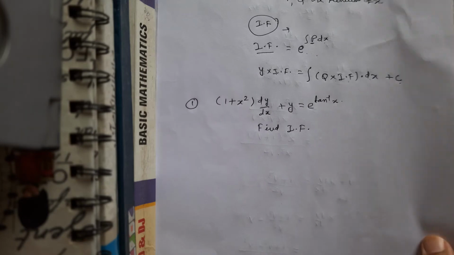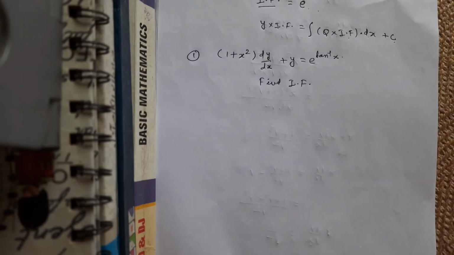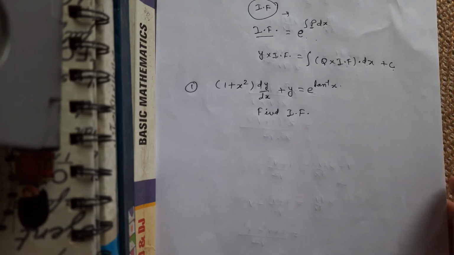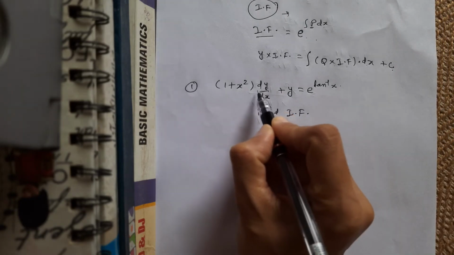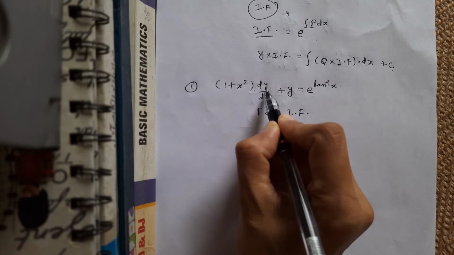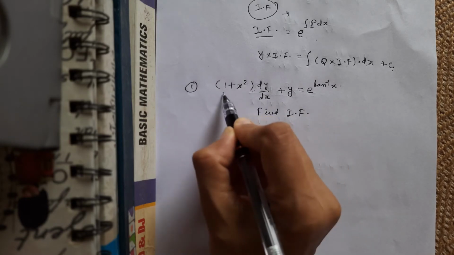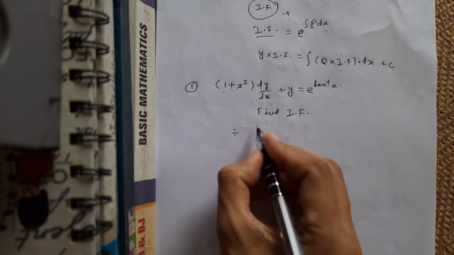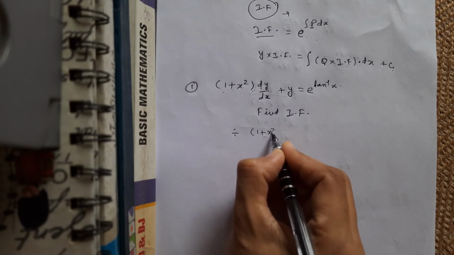First of all, try to convert it into the standard form. We don't want any coefficient of dy by dx, so I am dividing the equation by 1 plus x square.